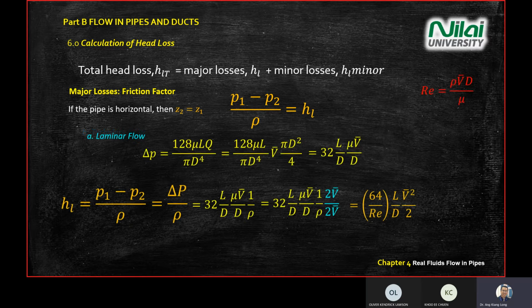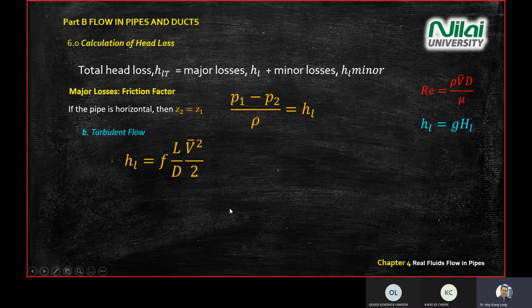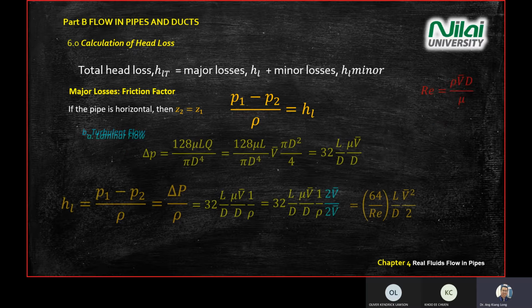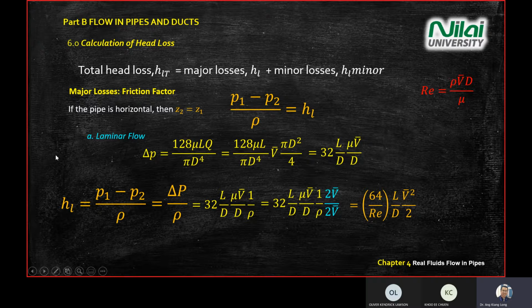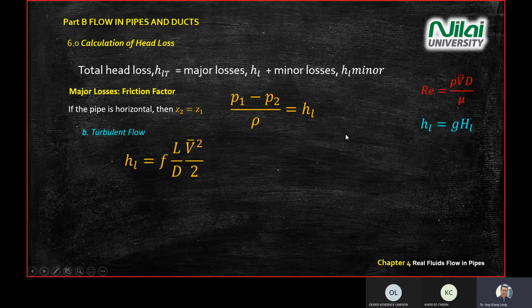What about turbulent flow? For turbulent flow, there are two sets of equations. One set is for laminar flow, which is this slide. Another one is for turbulent flow. For turbulent flow, we will use this equation to find major losses.